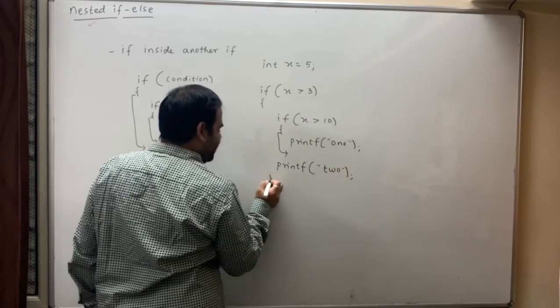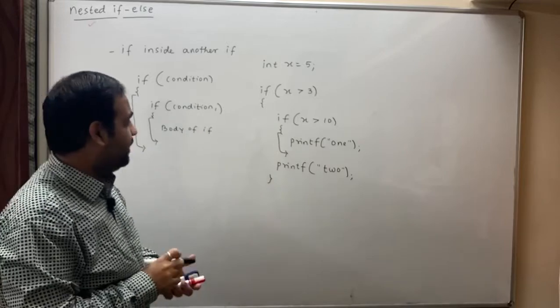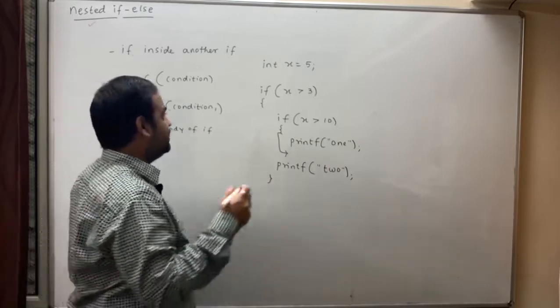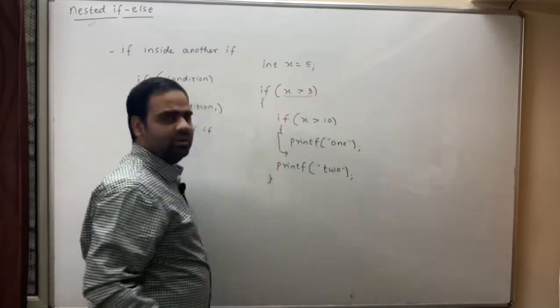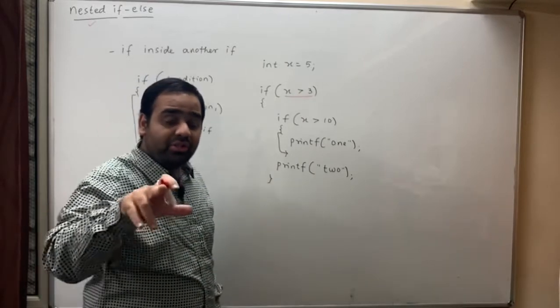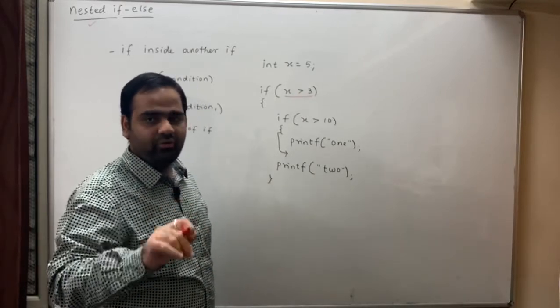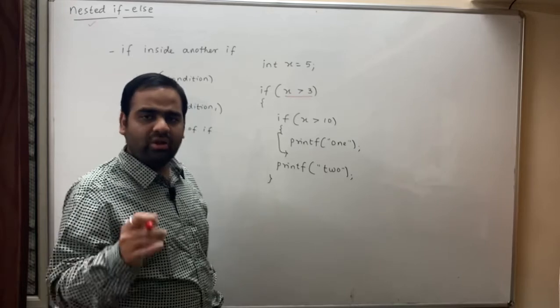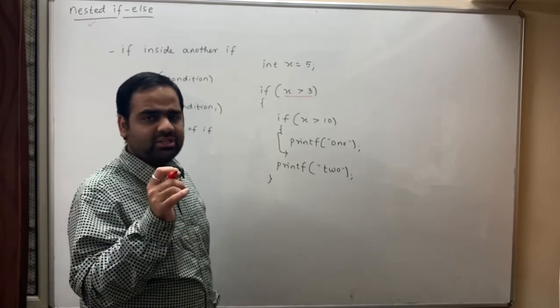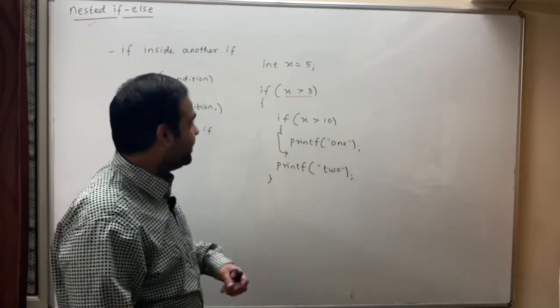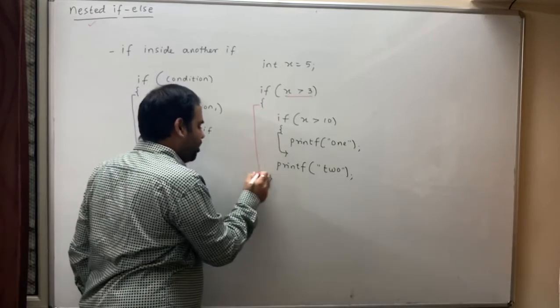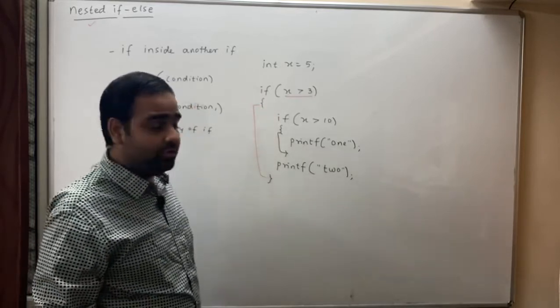Okay, now let us see how this program behaves. First the condition will be checked. 5 greater than 3? Yes, 5 is greater than 3. Since the condition is true, the body of if should be evaluated. Now what is the body of if? The immediate statement or the immediate block after if. This should be evaluated.